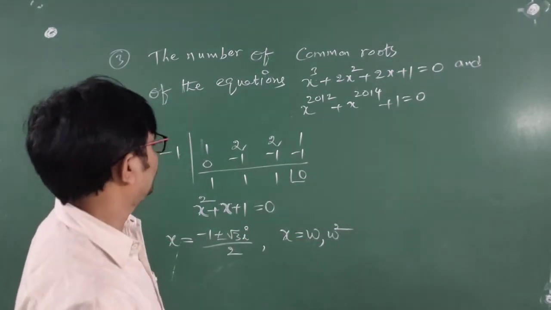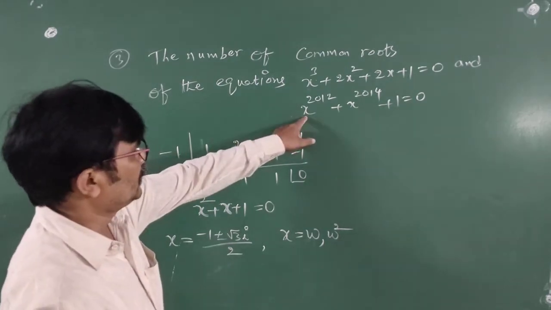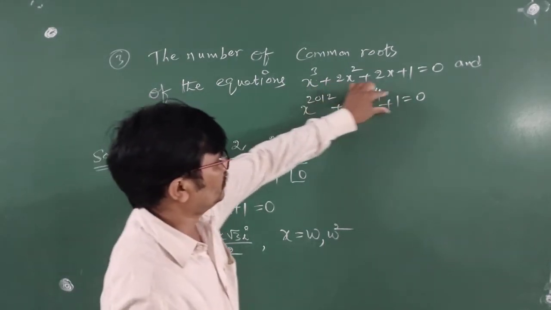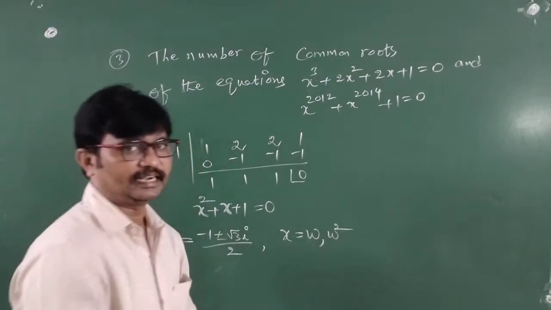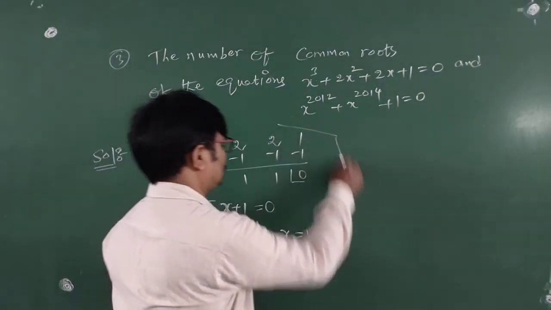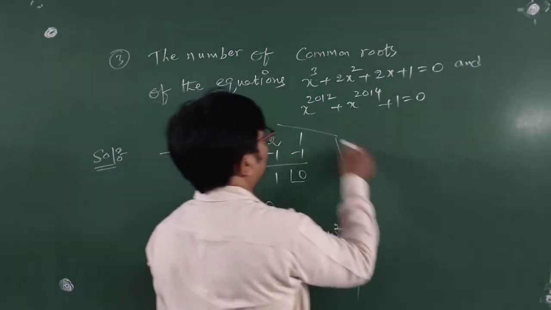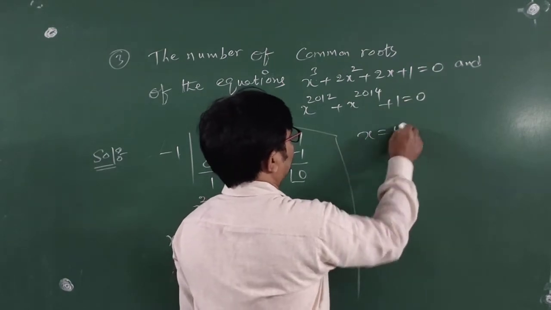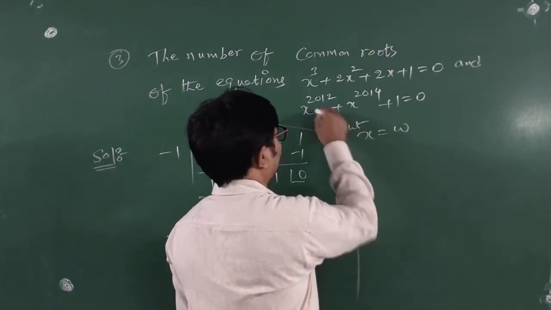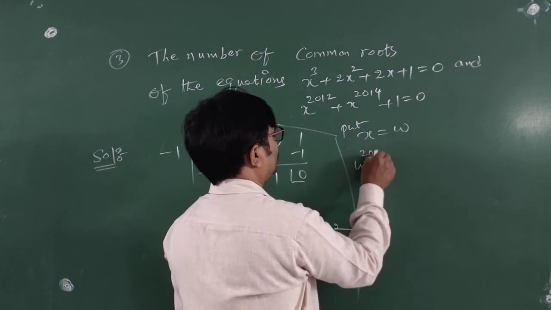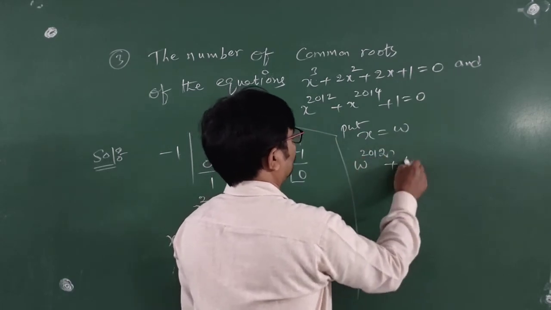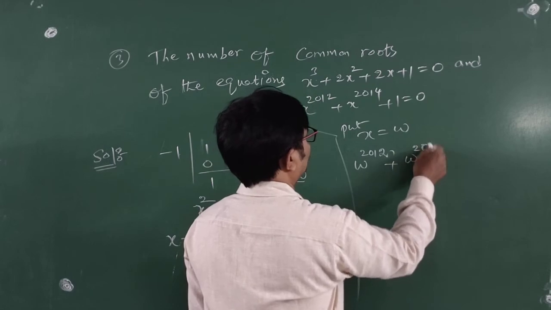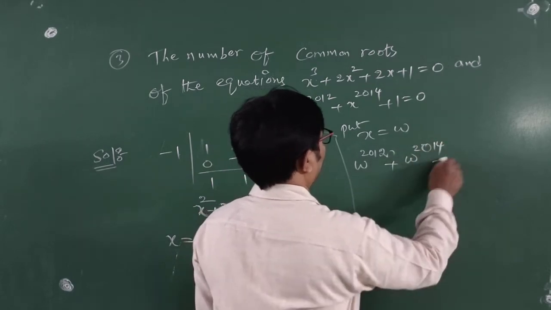When we take x equal to -1 in the second equation, this is +1, +1, +1, so it does not satisfy. Now substituting x equal to omega, we get omega power 2012, omega power 2014 plus 1.